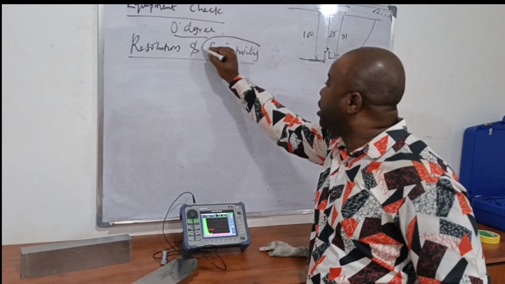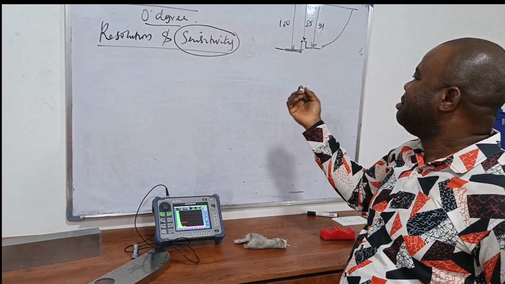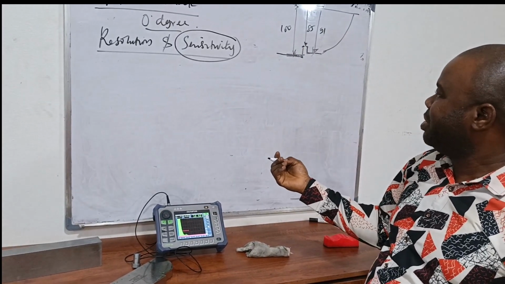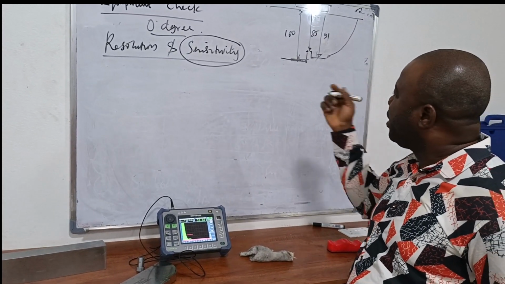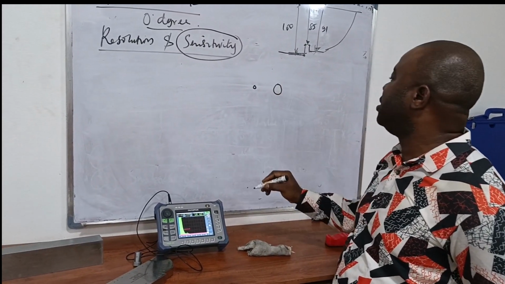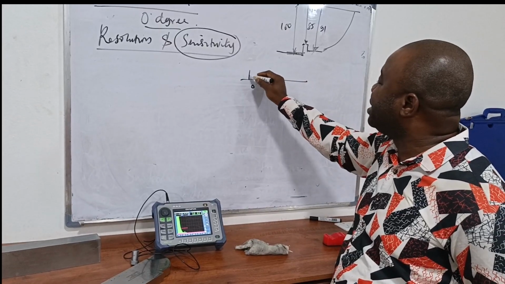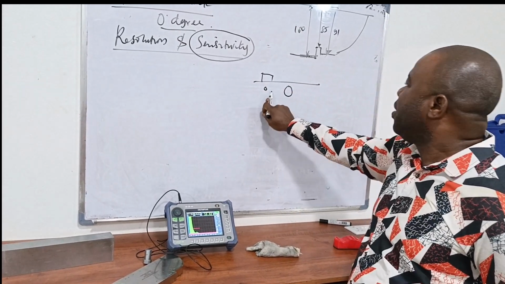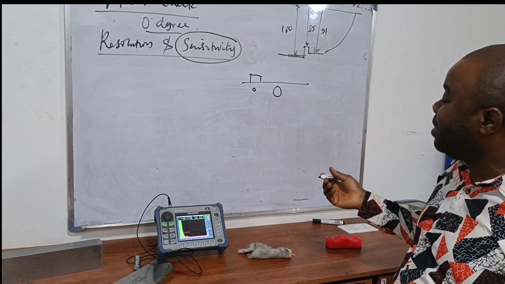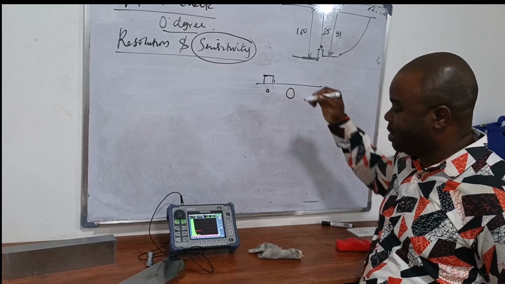But sensitivity, on the other hand, is the smallest defect that the machine can detect. So if I have a small hole like this and a big hole like this, a machine that has good sensitivity can easily see this hole, which means the higher the sensitivity of the machine, the smaller the hole it can detect.